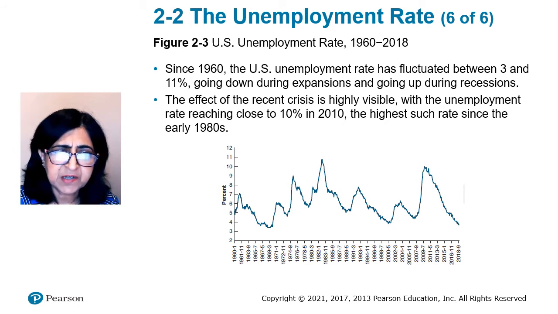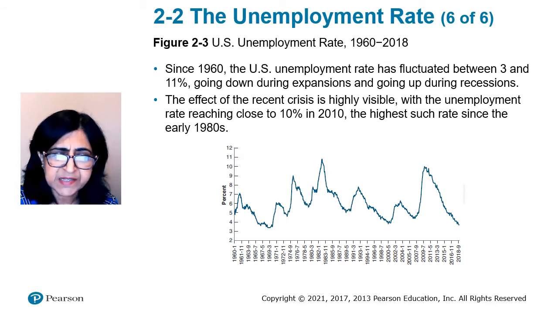The graph starts at 5% in January 1960 and falls to 3.5% in January 1969. The graph then rises to 10.8% in January 1982. The graph continues to rise and fall periodically until July 2009, where it peaks at 10%. The graph then continues to decline until September 2018.